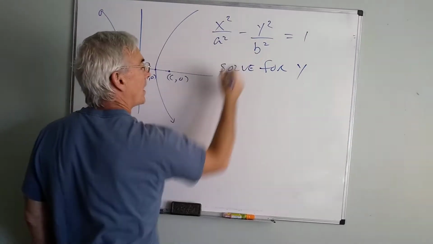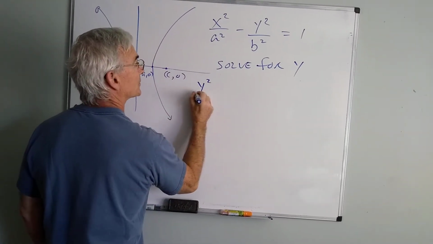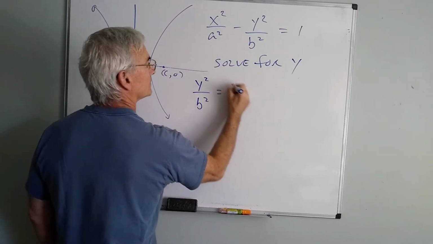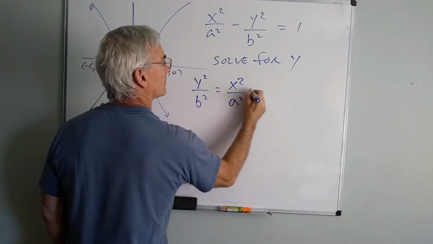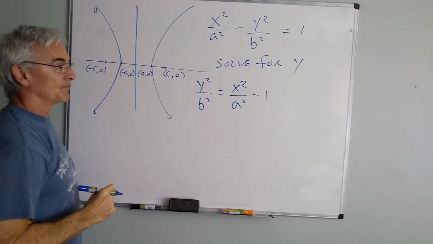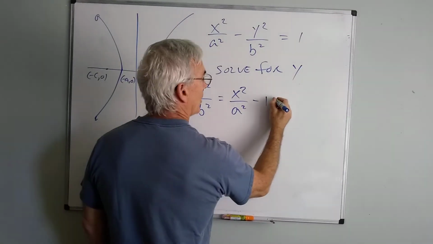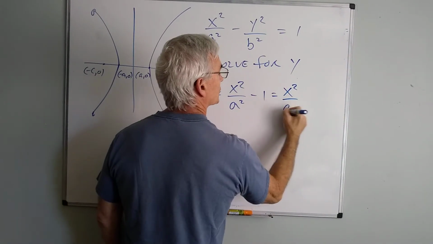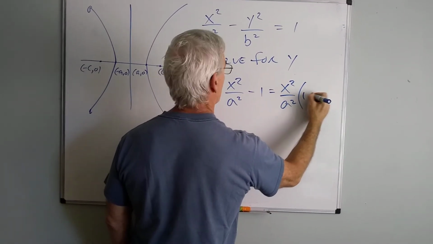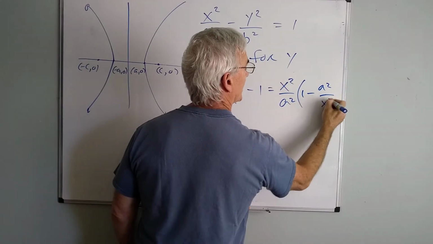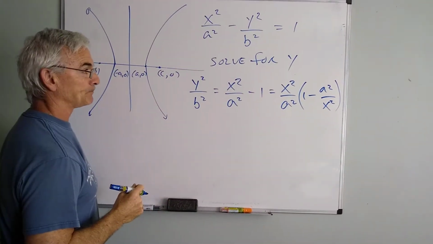But if I get the y term by itself, and I have something of this form here, now I want to manipulate this. So I'm going to start by factoring out x squared over a squared, and that will leave me with 1 minus a squared over x squared. And do a quick check of that.